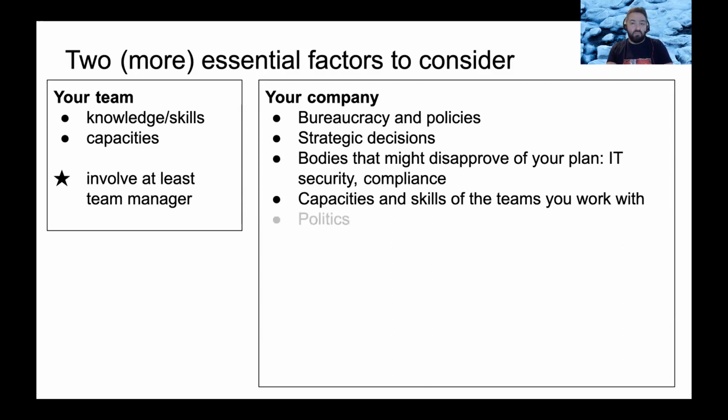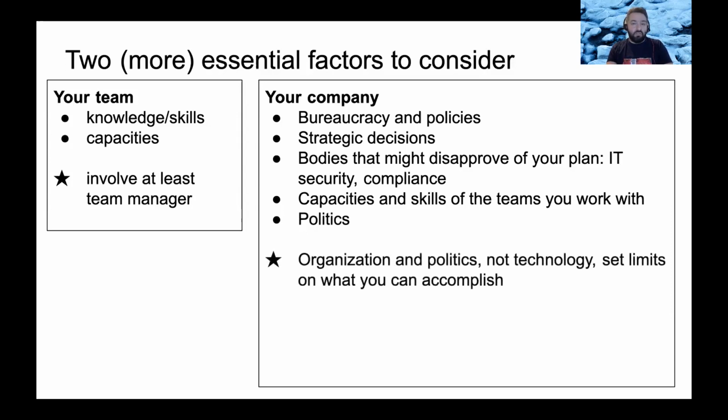And last but not least, politics. Sometimes there are good reasons why other teams and departments are desperate to contribute to your solutions, and sometimes there are entirely different reasons. All in all, it is not technology, but organization and politics that set limits on what you can achieve.